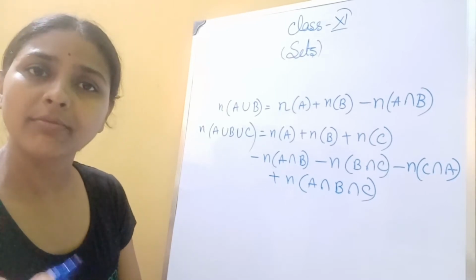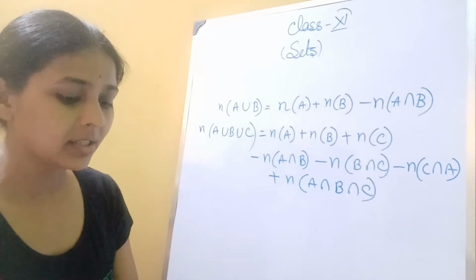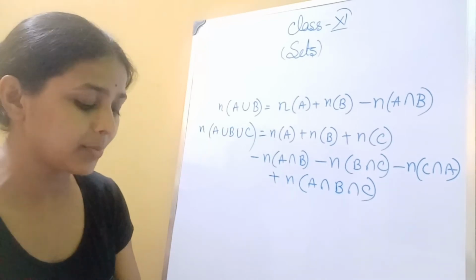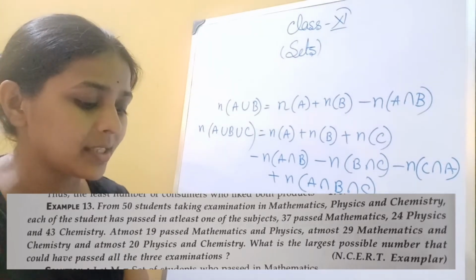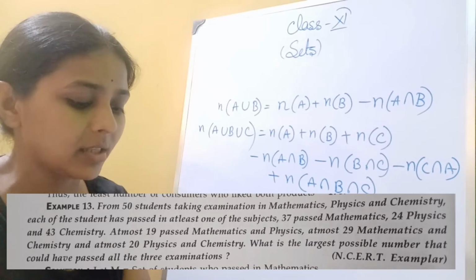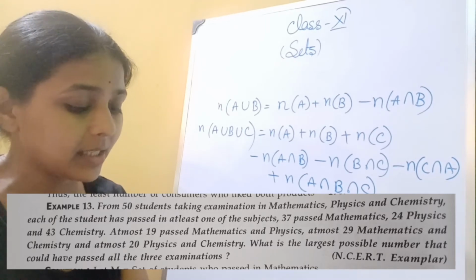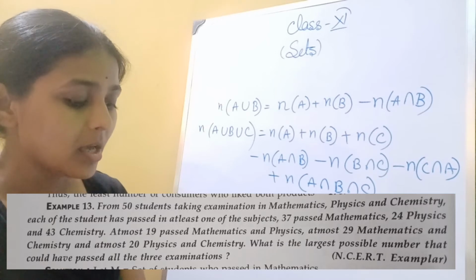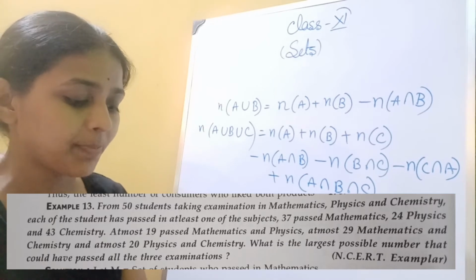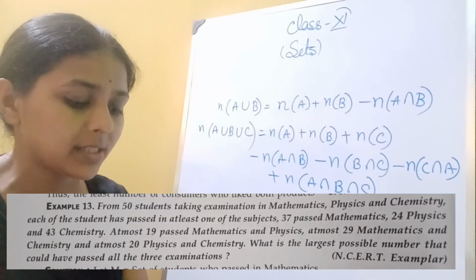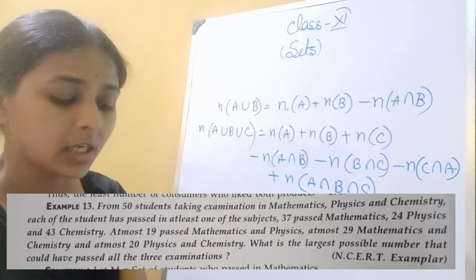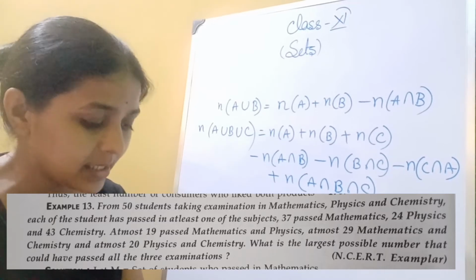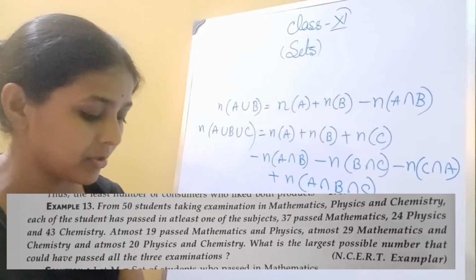The question will again be on your screen. I am just reading it from my book. From 50 students taking examination in mathematics, physics and chemistry, each student has passed in at least one of the subjects. 37 passed mathematics, 24 physics, 43 chemistry.